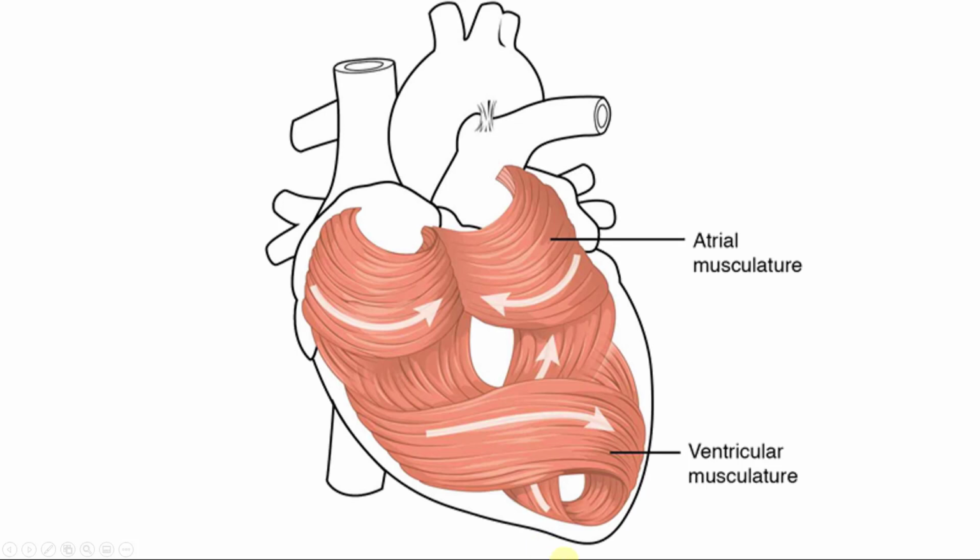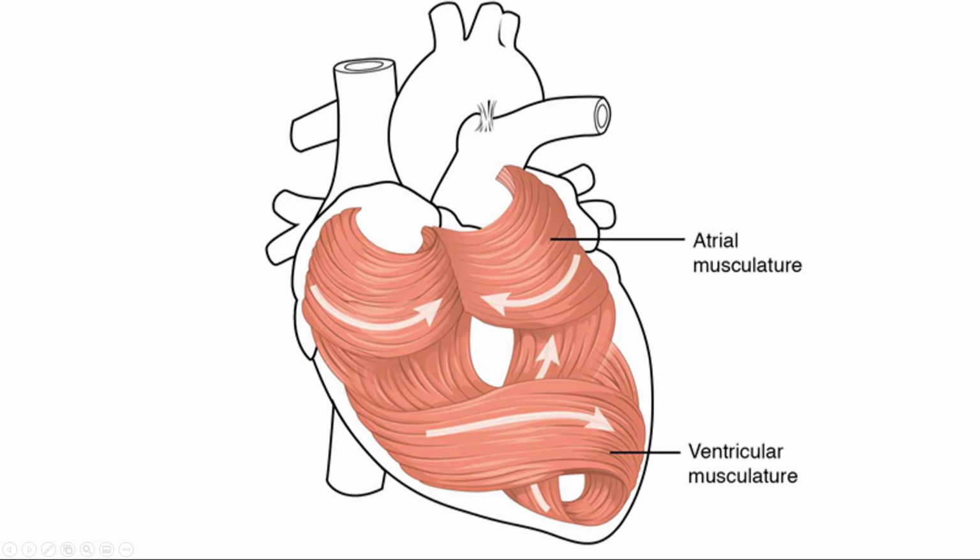The other interesting thing about cardiac muscle is that there are not distinct start and end points, and it's not distinct muscles. If you look at elbow flexion, you can find the bicep muscle, you can find the distinct brachialis muscle, so you can find all these different muscles. You don't have a right atrium muscle or a left atrium muscle or a right ventricle. It actually is one long muscle that's twisted and folded in on itself to form these chambers.